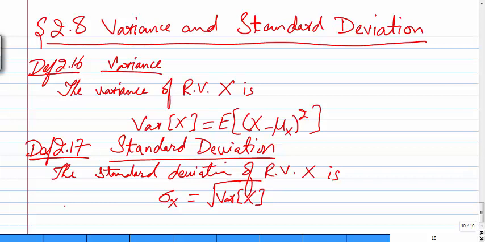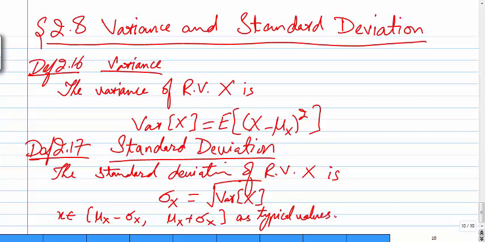So normally, when X belongs to the range from expected value minus standard deviation to expected value plus standard deviation, this range of values of X is known as typical values. This is very important.